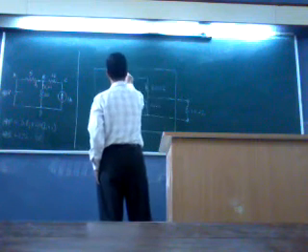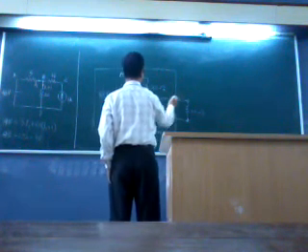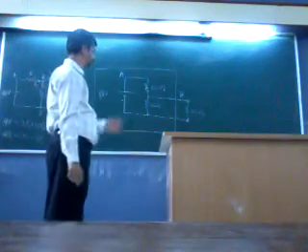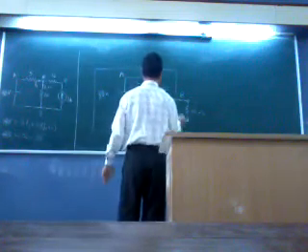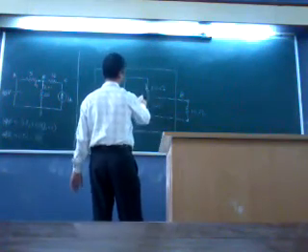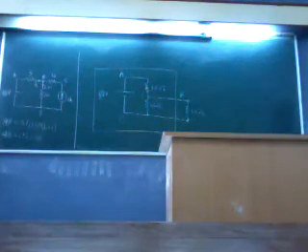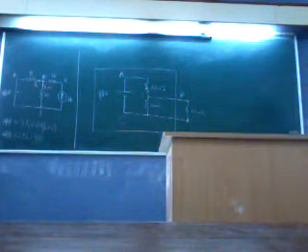This point maybe is A, this is C, and this is B. I'm just drawing one inside, one outside. This would be the same point as C. This would be the same point as B only. Now the question is, what would be VBC? How do you calculate the voltage, or what would be this current?